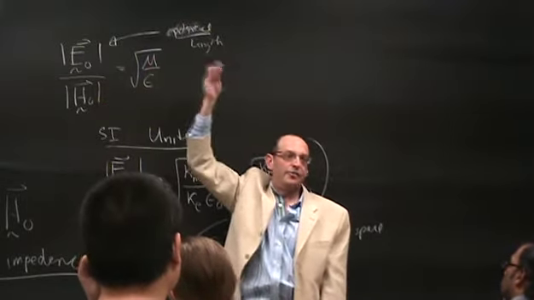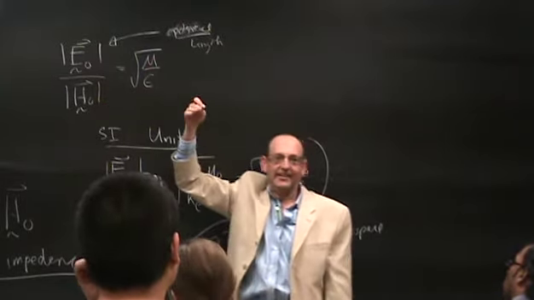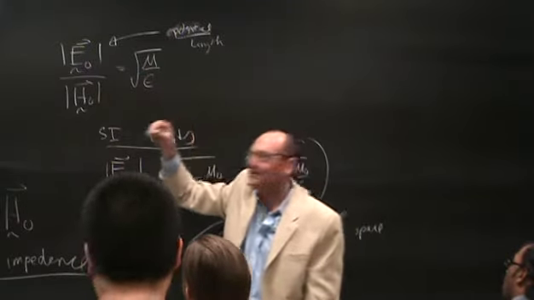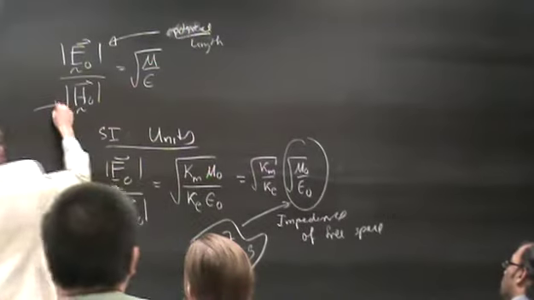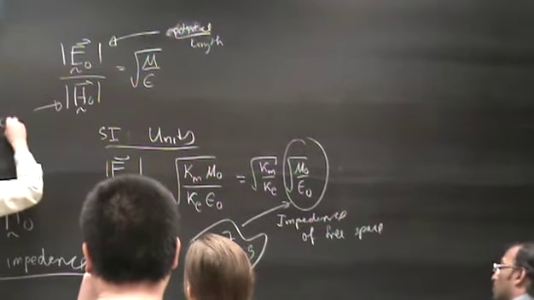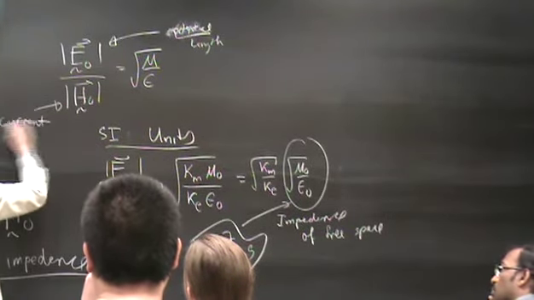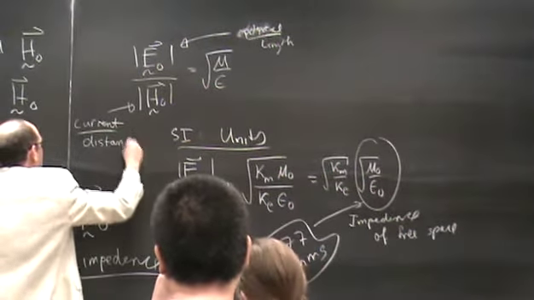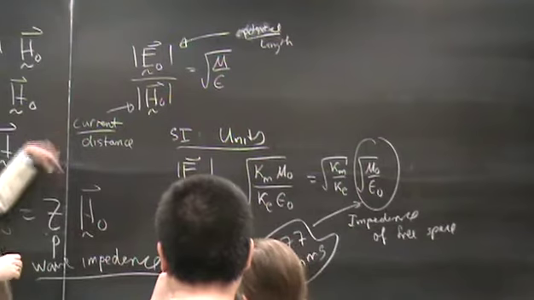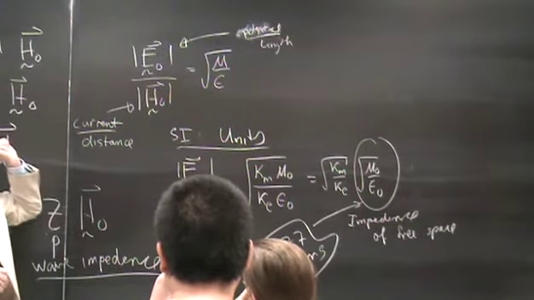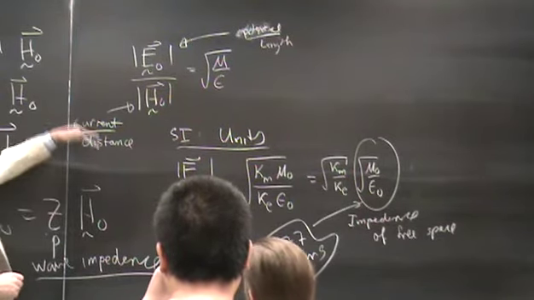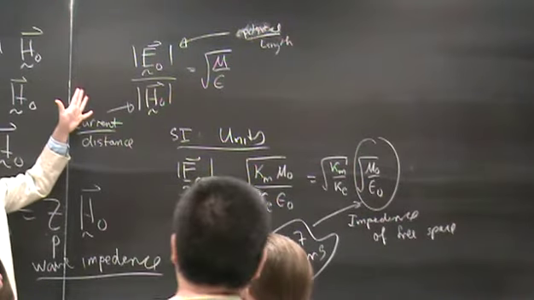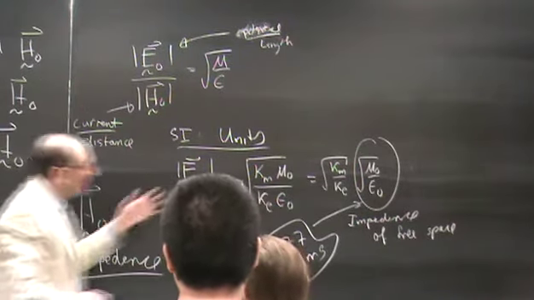In SI, that's volts per meter. In CGS, it's statvolts per centimeter, whatever that is. Whereas H is like current per distance. Well, of course, in CGS, it's got a 1 over the speed of light in there, but we'll ignore that for the moment. And so volts per current is resistance. Okay.